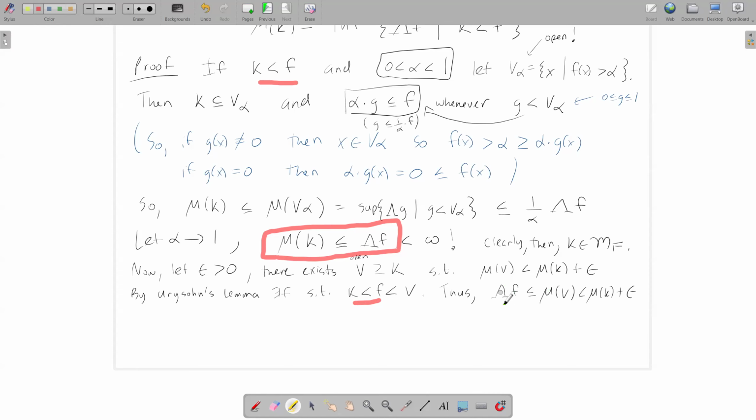And we can get as close as we want from above. We know these are all greater than or equal to mu of K, but also we can get as close as we want, because we're within epsilon.